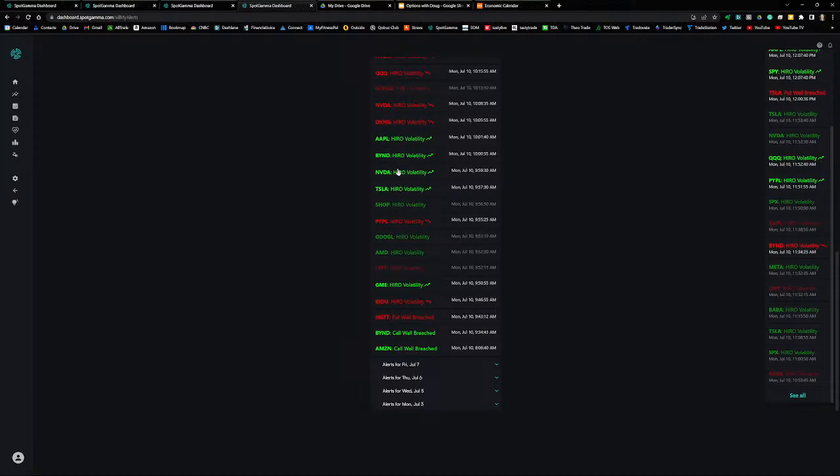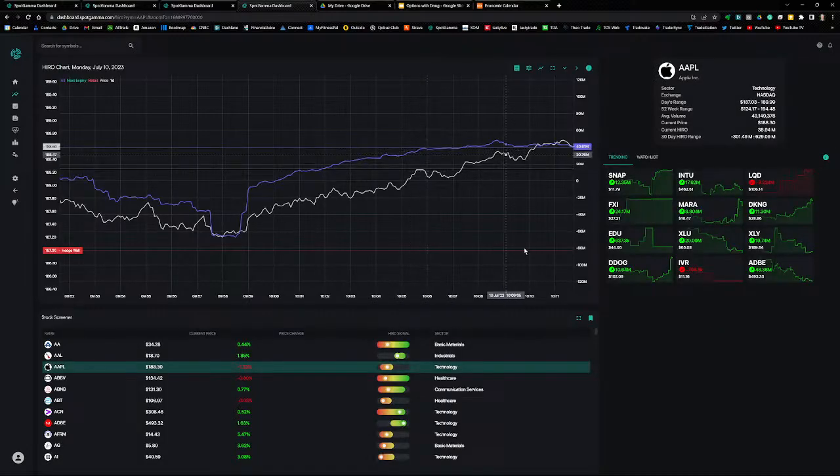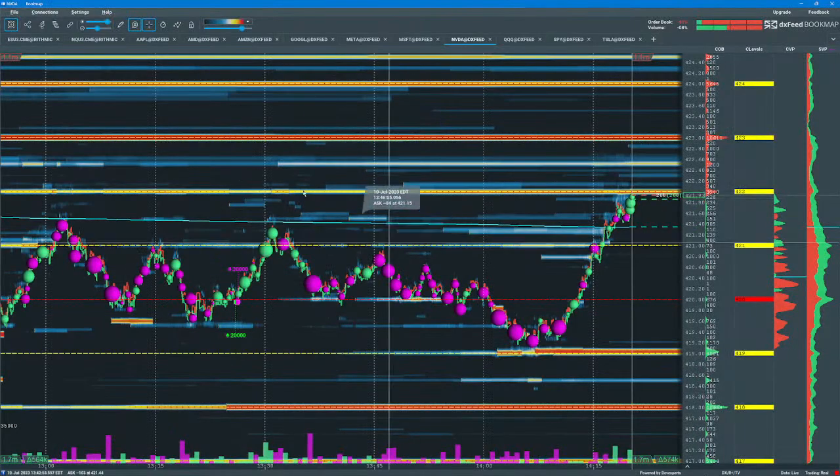So I'm just looking at these three alerts here: Tesla, NVIDIA, and Apple. And there is the alert for Apple. Looks like around 9:59. So let's go take a look at Bookmap, Apple.